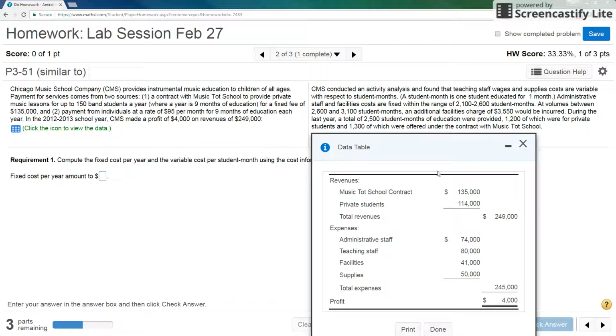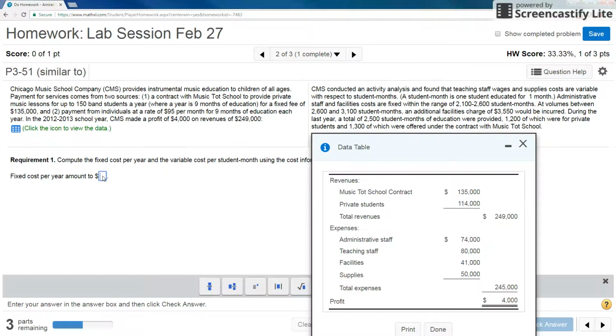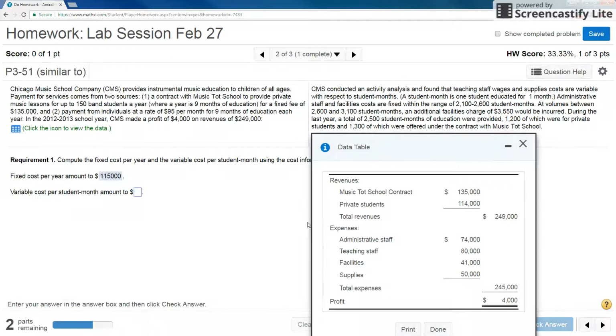So our fixed cost will be just administrative staff plus facility cost, which is administrative staff at $74,000 plus facility at $41,000, gives us $115,000. So our answer is right. What's left is the variable cost per student per month.